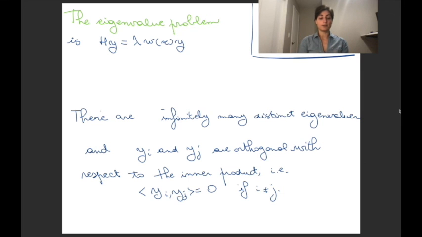Not only that, but we have something really strong about the eigenfunctions. The different eigenfunctions are orthogonal to each other with respect to the inner product. That means that if you plug two different eigenfunctions in the inner product, you'll retrieve something that is equal to 0.